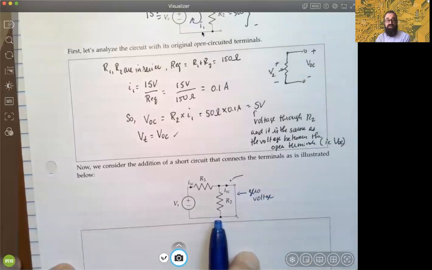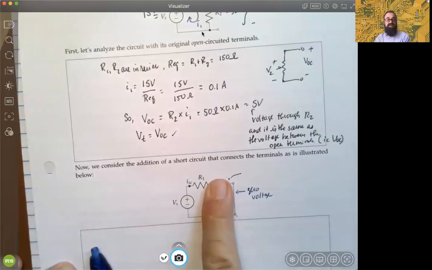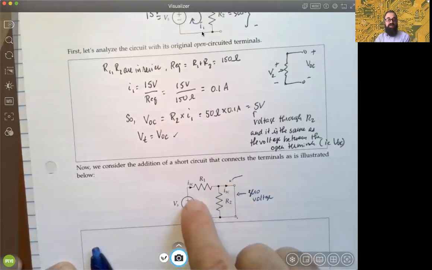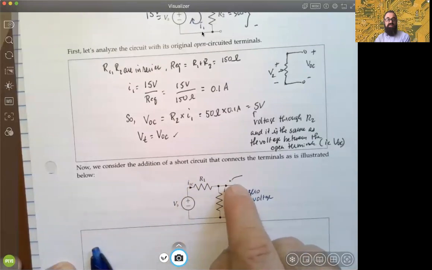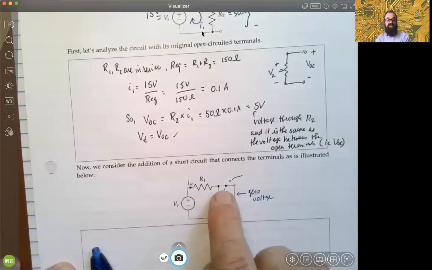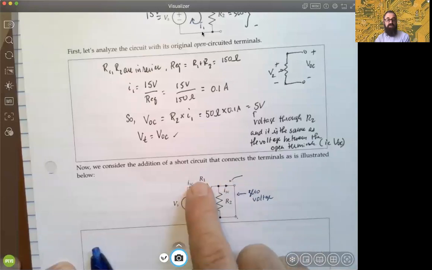There's no current and there's no voltage, okay? So it's as if it doesn't exist. So what you now have is one current going through, okay? By short circuiting the open terminals there, you effectively nullify that load, and you have a closed path here with only one current, right?